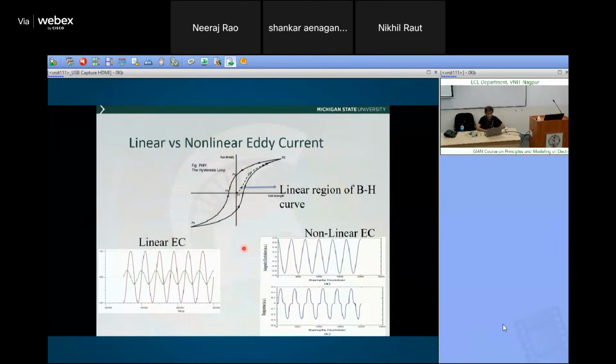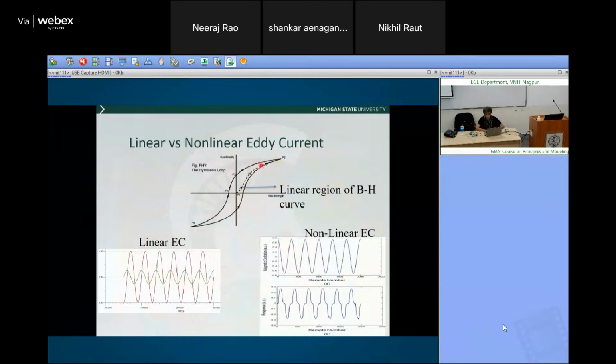In conventional eddy current, your excitation signal is very small amplitude, so we call that linear eddy current. If the red signal is the excitation, the green signal, it's a linear system, so it will be the same frequency, but different phase and amplitude. That's my received signal, the response signal. But in a nonlinear eddy current, we are looking at a very high amplitude excitation.